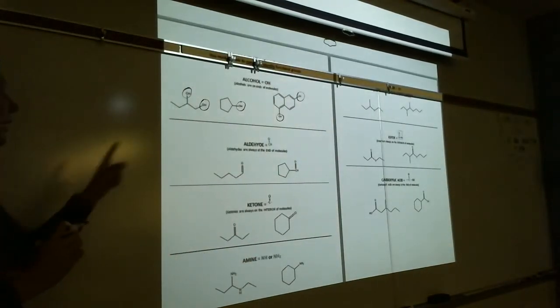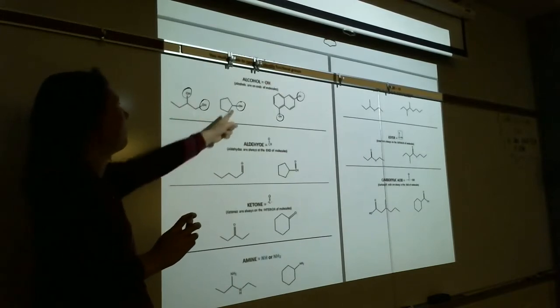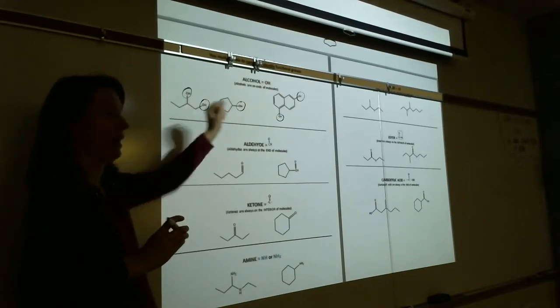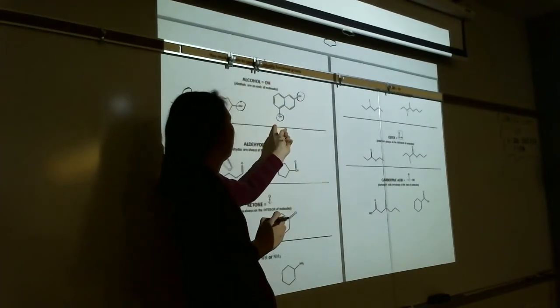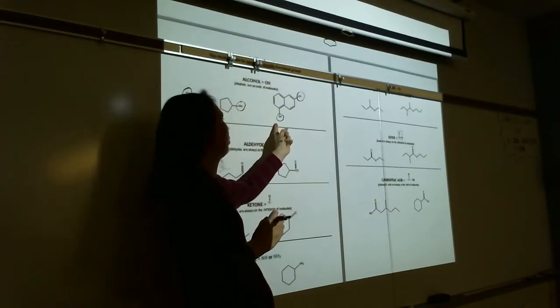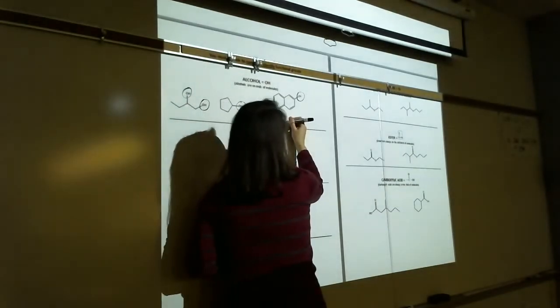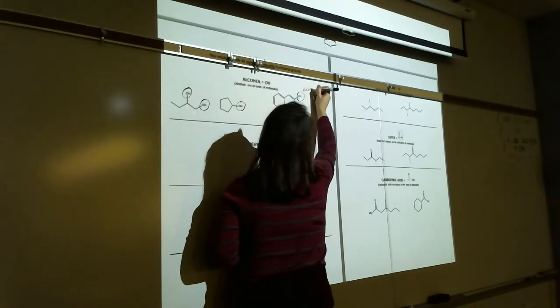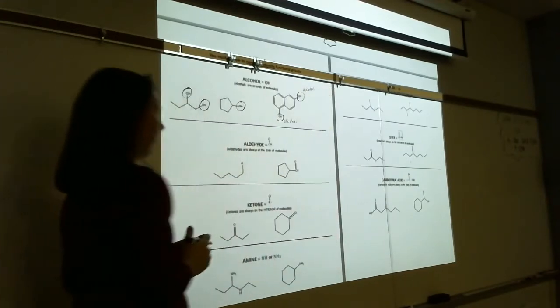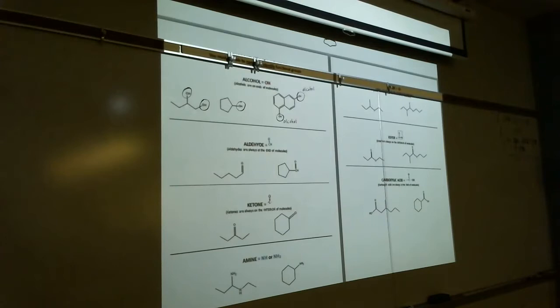The carbon that it's attached to is not part of the alcohol. So if I gave you this molecule and said circle and name all the functional groups, you would circle the OH and say alcohol. The OH is the alcohol. The carbon is not part of the alcohol.